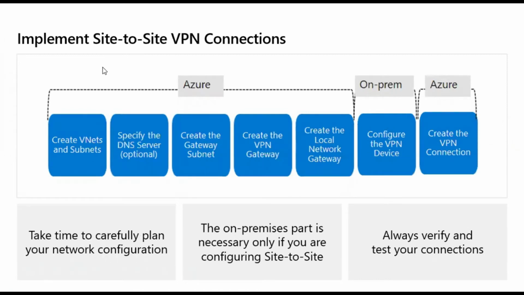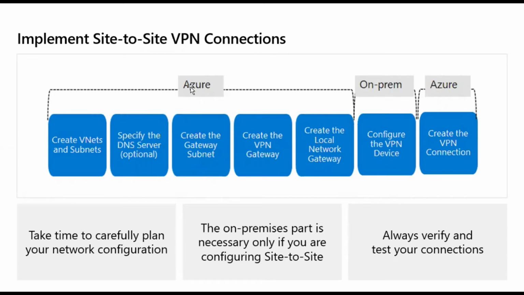Now, implement site-to-site VPN connections. Take time to carefully plan your network configurations. The on-premises part is necessary only if you are configuring site-to-site. Always verify and test your connection.